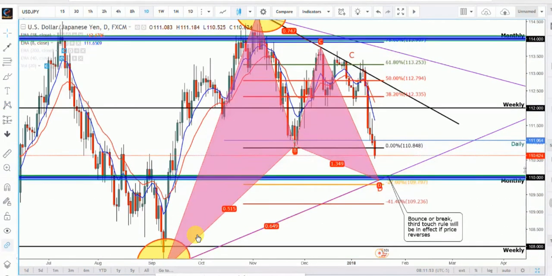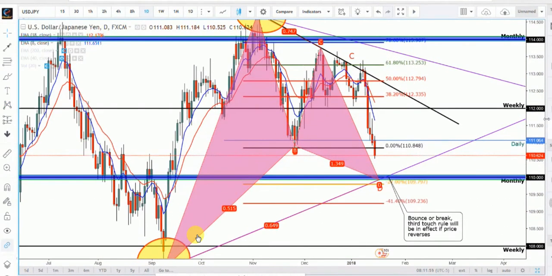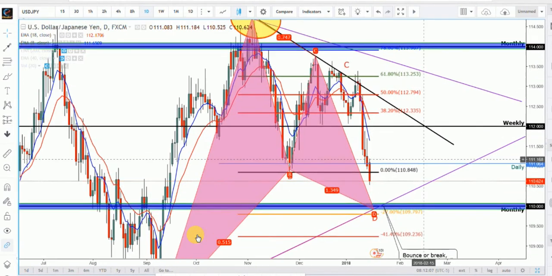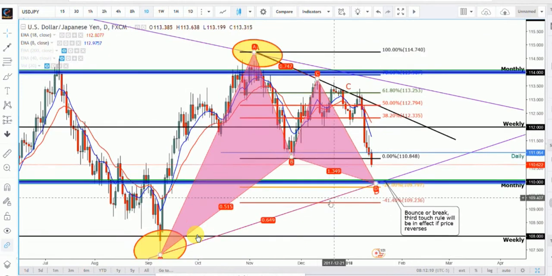The third point could just tap, maybe wick on through here, and then get a rejection or some sort of nice reversal pattern. And then most likely my stop loss will be set at the 41 fib. When we get here, there's still quite a few more pips to squeeze out of this swing.